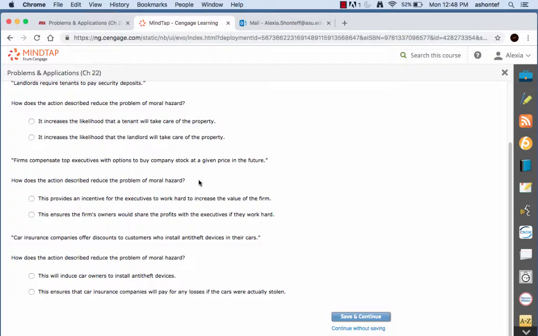If the company is allowing top executives to buy company stock, what is it trying to avoid? And then, car insurance companies offer discounts to customers who install anti-theft devices in their cars. This is asking how this behavior would help reduce the problem of moral hazard. I think you'll be able to do this.